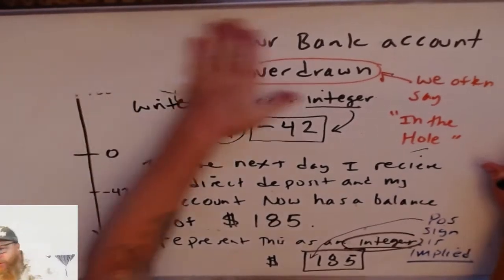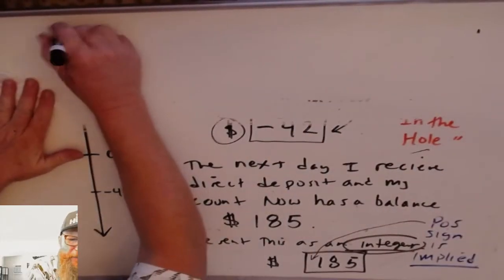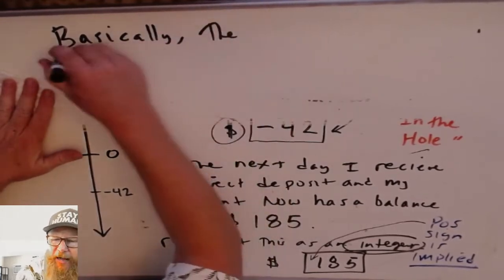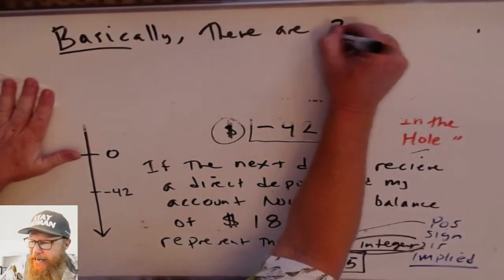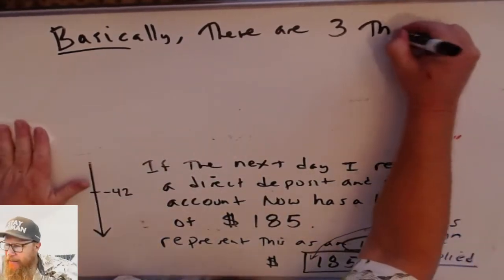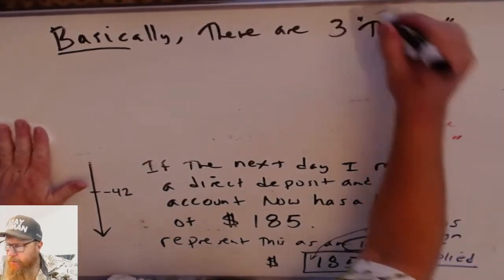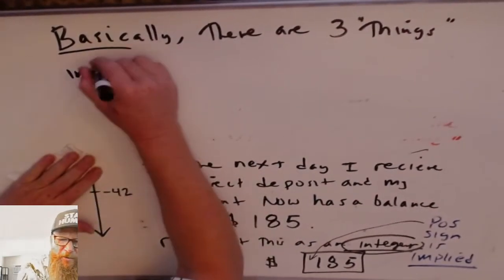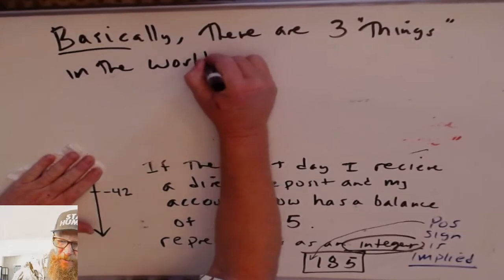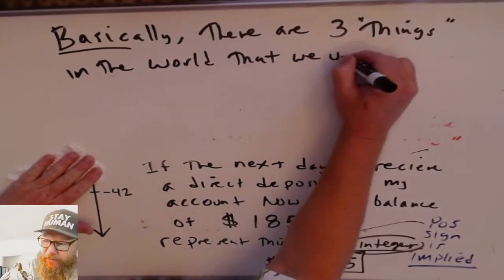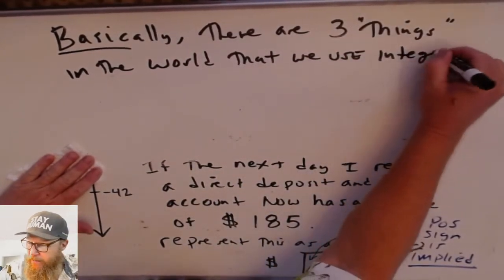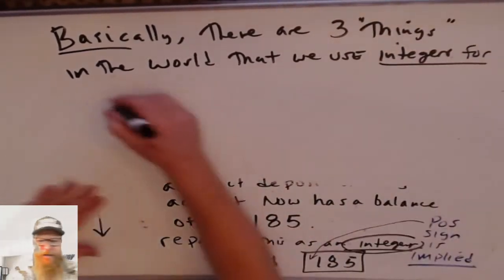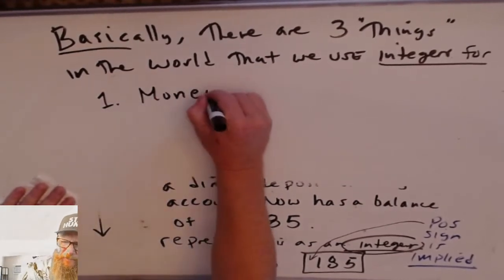Basically, in our class, there are 3 things. I'm using the word things very loosely. In the world that we use integers for, number 1 is money.